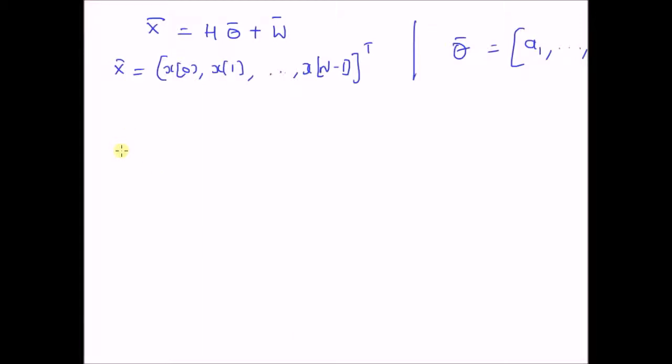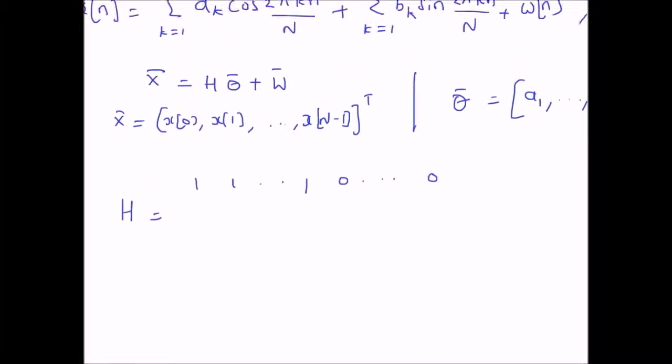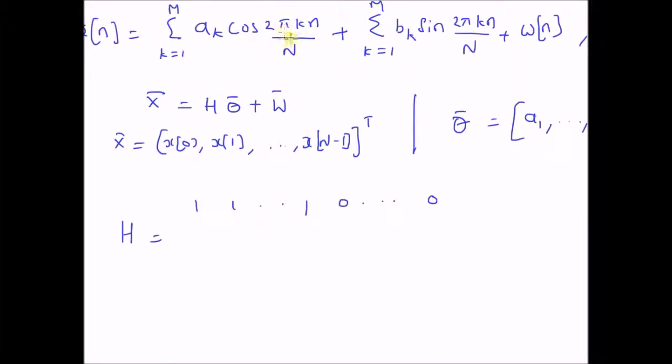Now the observation model, the observational matrix H, is clearly equal to 1, 1 up to 1 in the first column up to the m-th column and zeros in the m plus 1 to 2m columns. That is, for n equal to 0, we can clearly see that cos of this function basically becomes 1 and here it becomes 0. So we have 1s and zeros in the first row.